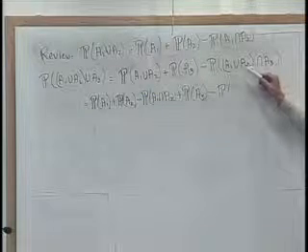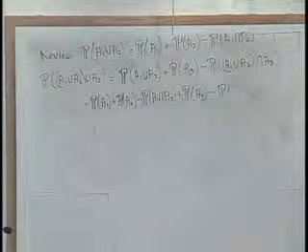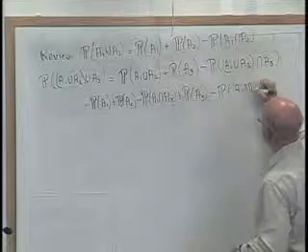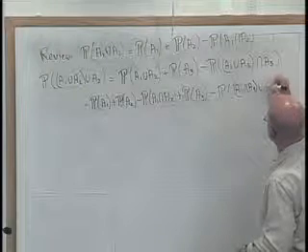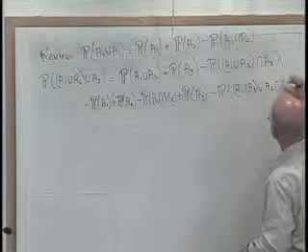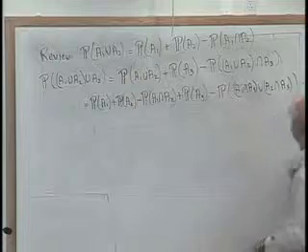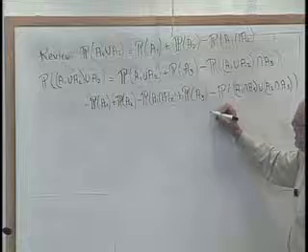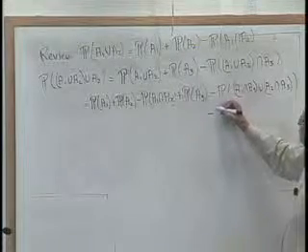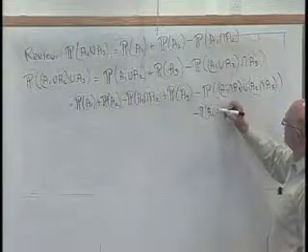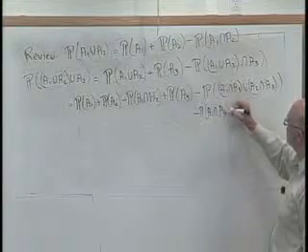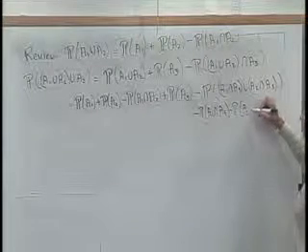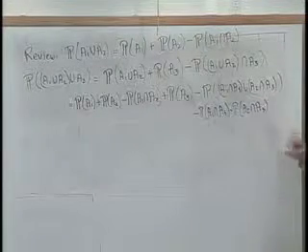Now, I can't do anything with this as it stands, but I can rewrite this as a union of 2 events. Can anyone see how to rewrite this as a union of 2 events? Yeah, Jerry? A1 intersect A3 union A2 intersect A3. Yeah. Okay, so now I've got this as a union of 2 events, and this turns into minus the probability of A1 intersect A3 minus the probability of A2 intersect A3.